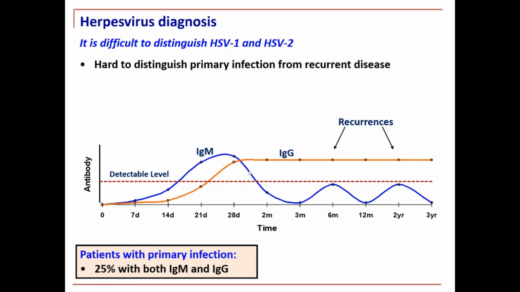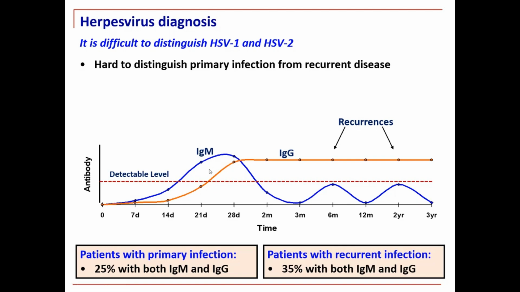But in HSV-1 and 2, 25% of patients with a primary infection are detected with both IgM and IgG. And likewise, 35% of patients with a recurrent infection are detected with both IgM and IgG. So again, that's why it's very hard to distinguish between a primary infection and a recurrent infection.